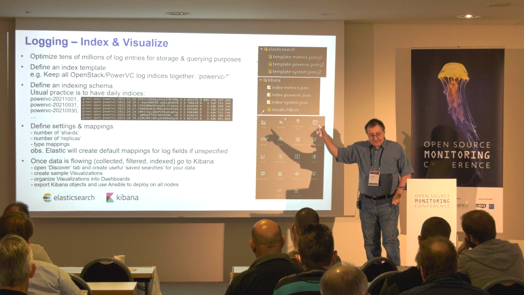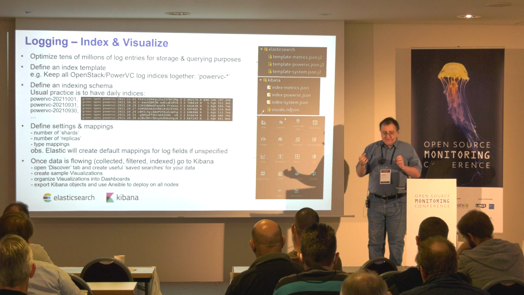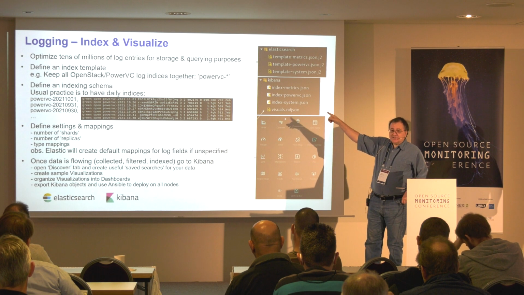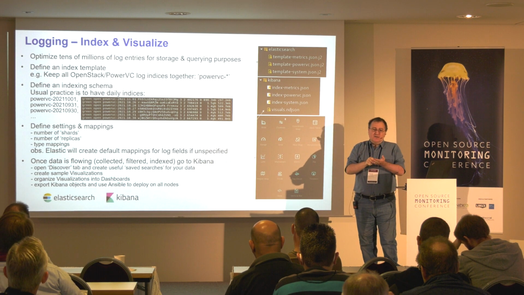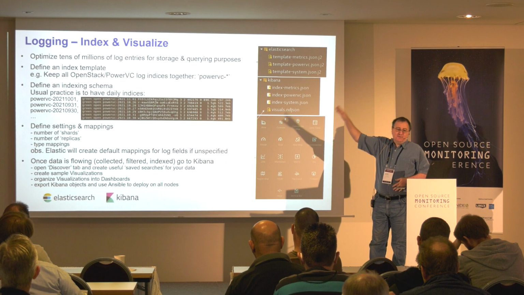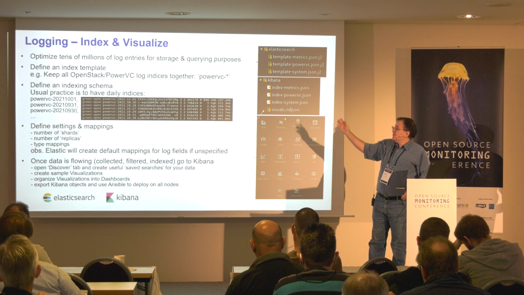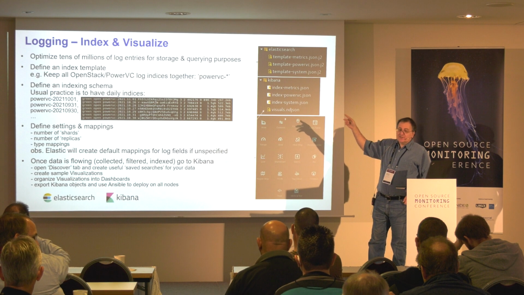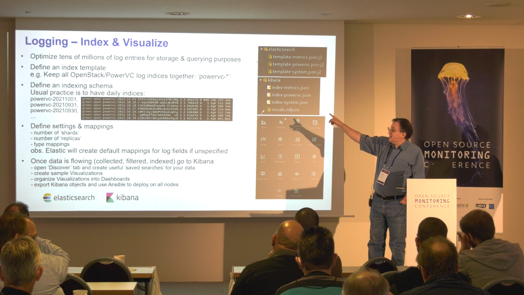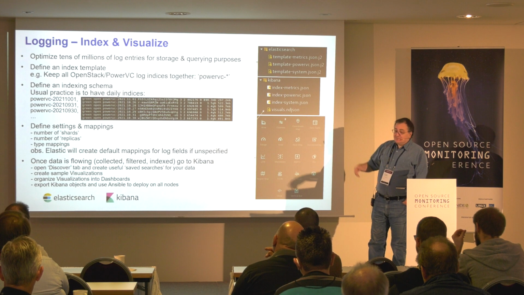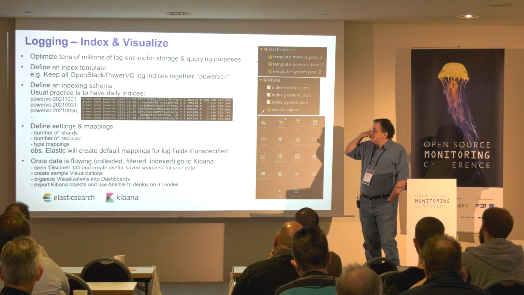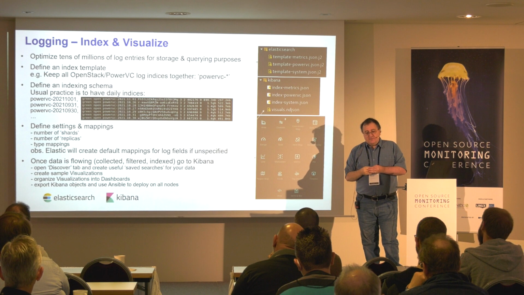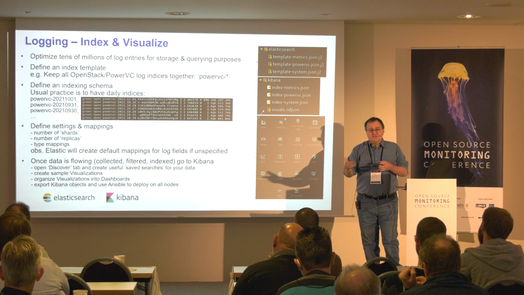Only one thing: we wanted to have our own index template suffix. We called it PowerVC, but it's configured in Ansible, so you could choose something else. We called it powervc-*, so that's the index suffix we chose. But you probably want to keep this different from, for example, your system logs, the syslog stuff.